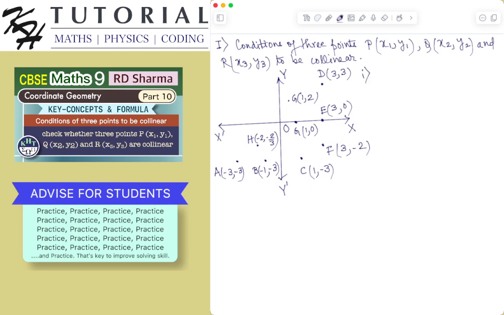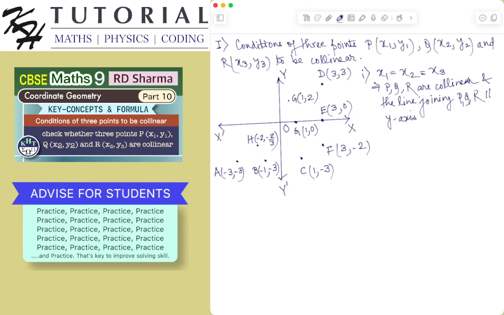Case 1 is that if the abscissa of all the points are equal, if x1 is equal to x2 is equal to x3, then this will imply that P, Q, R are obviously collinear, and the line joining P, Q, R will be parallel to the y-axis.